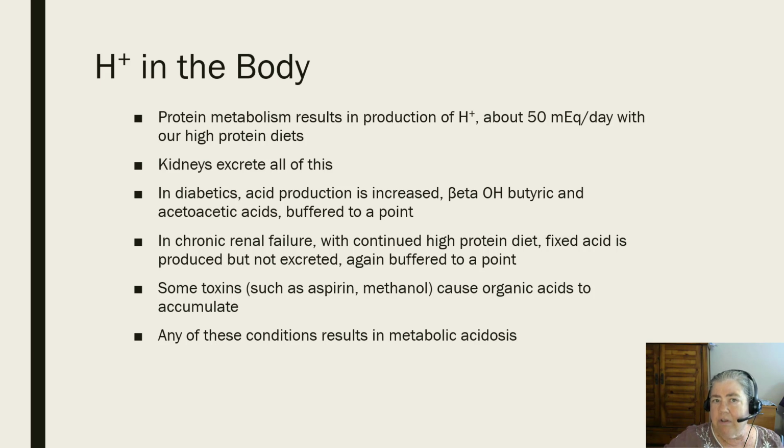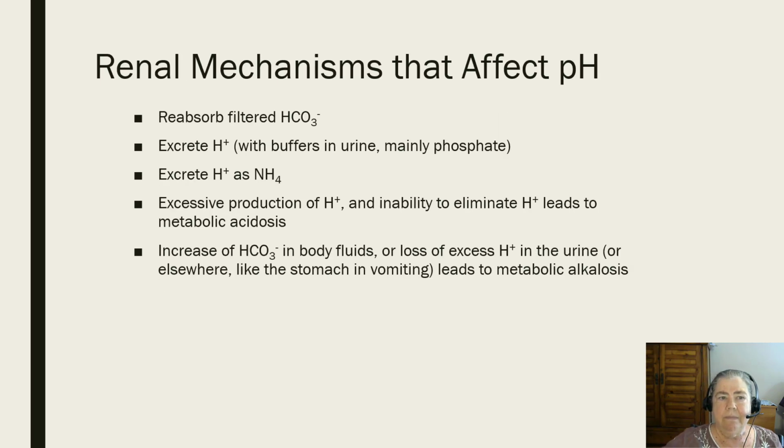And methanol, which is an alcohol which is sometimes in moonshine, it is a poison, and its poisonous effect is that it produces excess hydrogen ions. And any of these things, renal failure, diabetes, ingestion of some of these toxic substances can result in metabolic acidosis.